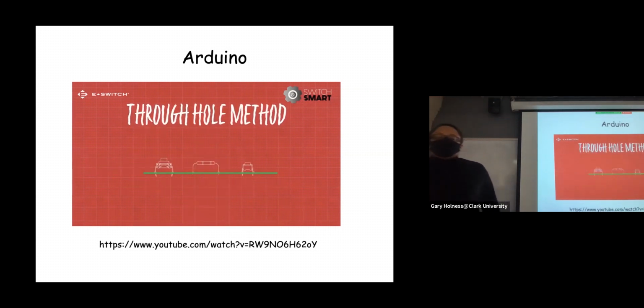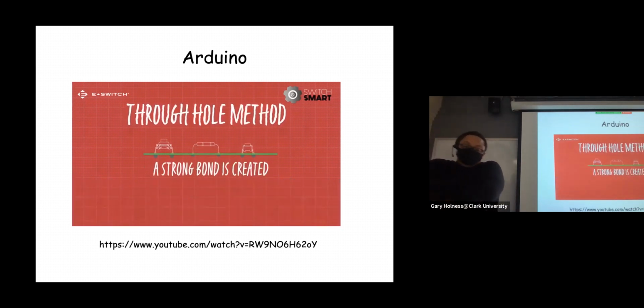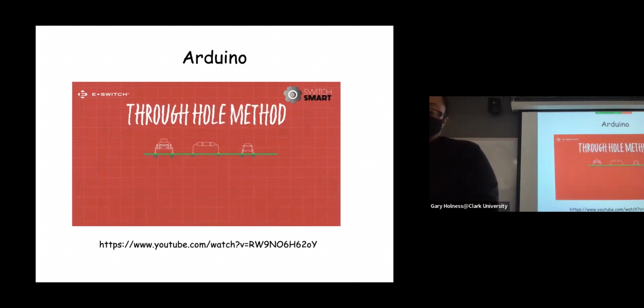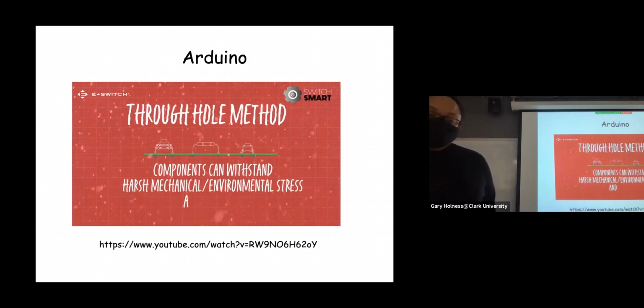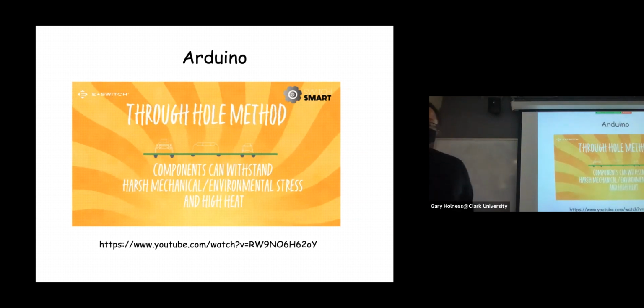For large-scale production using through-hole components, wave soldering is used. This is where the circuit board moves over the solder wave tank, resulting in the application of molten solder. A strong bond is created, able to withstand harsh temperature and environmental stress or high heat.